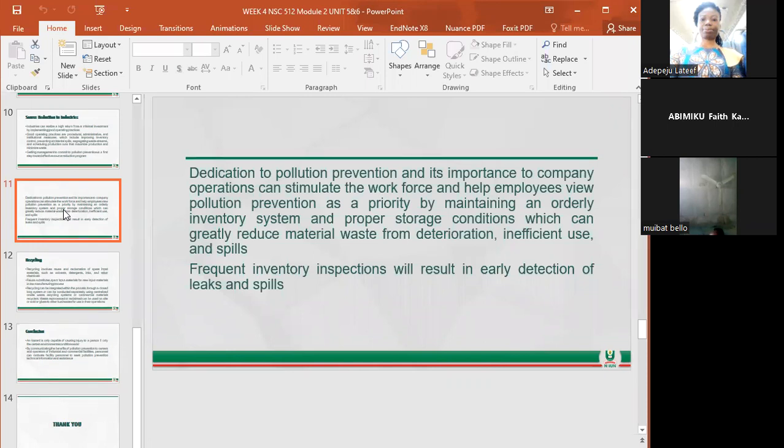And it is also important to maintain an orderly inventory system. Proper storage conditions can greatly reduce material waste from deterioration, inefficient use, and spills.